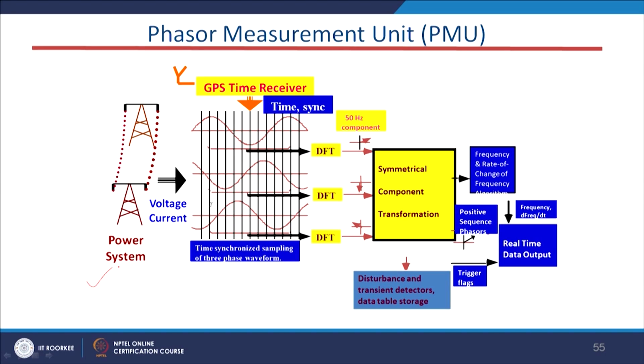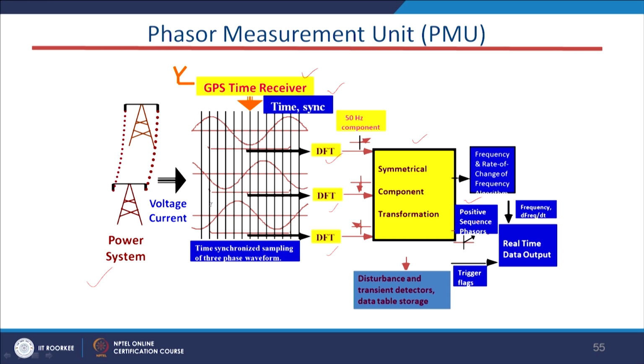This is how the PMU transfers the voltage and current signal, and this is the GPS receiver. Time is synchronized, at what time we want to start the sampling of this particular signal. After getting the sampled values of the voltage or current, we apply the DFT to estimate the phasors, and we apply the symmetrical component transformation technique.